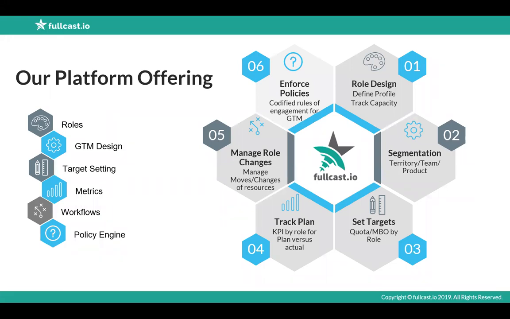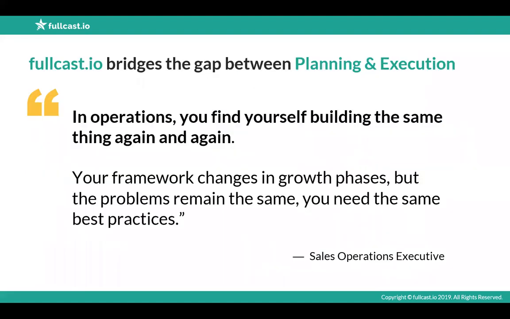So all this planning function that happens is tied to planning, allocating marketing resources, customer success resources, sales support resources in the context of the go-to-market and applying those business rules, right? The reason why we think we need to automate this piece is because in operations, people find themselves building the same thing over and over again.